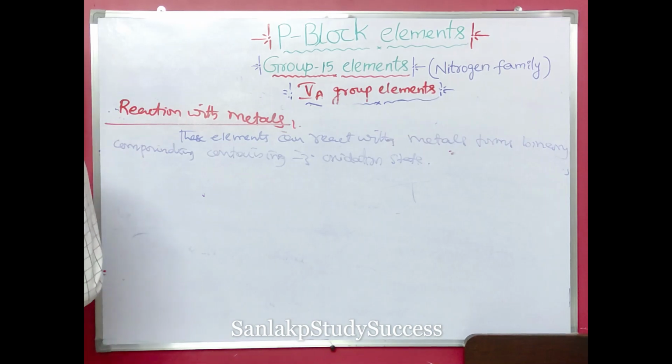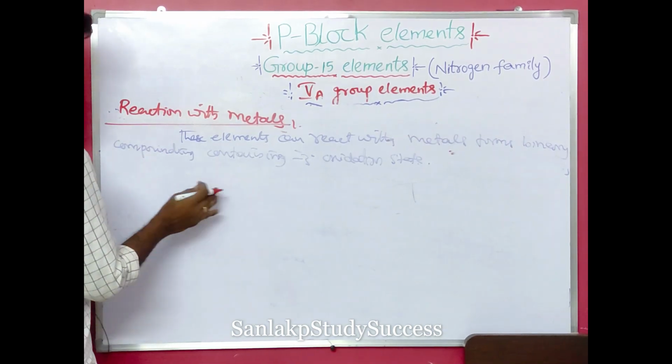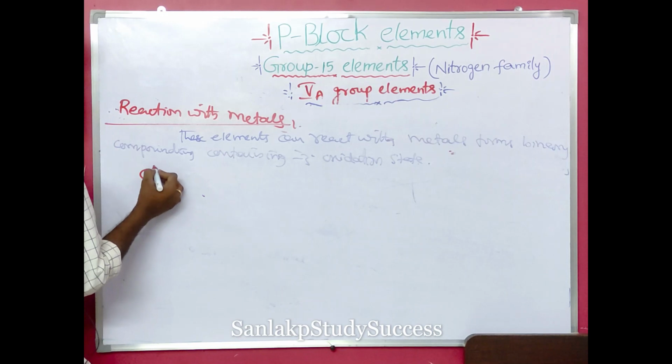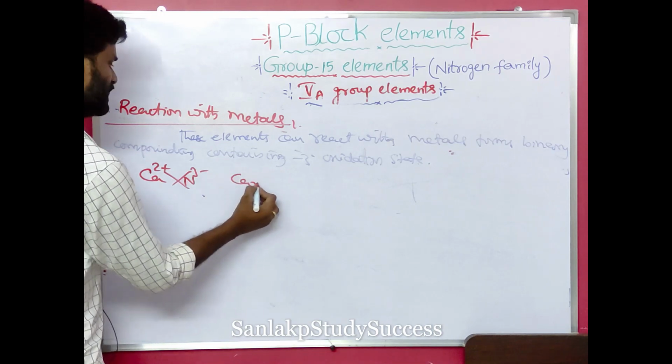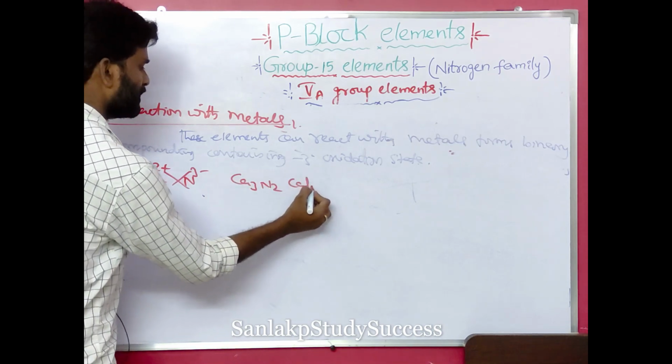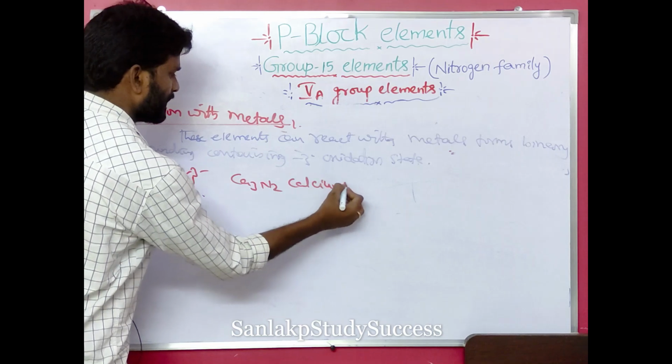Suppose we take calcium 2 plus and N3 minus. What is the formula? Ca3N2. What is its name? Calcium nitride.